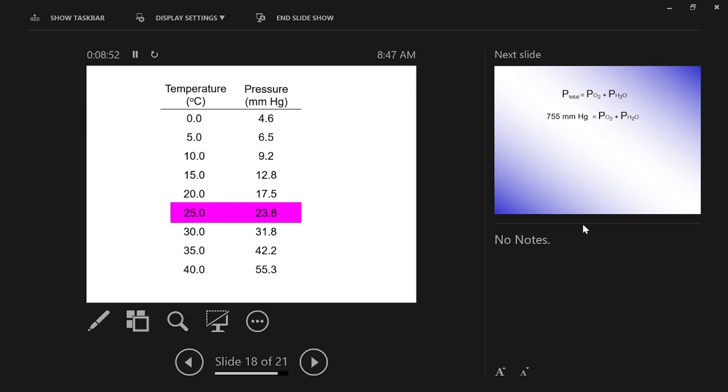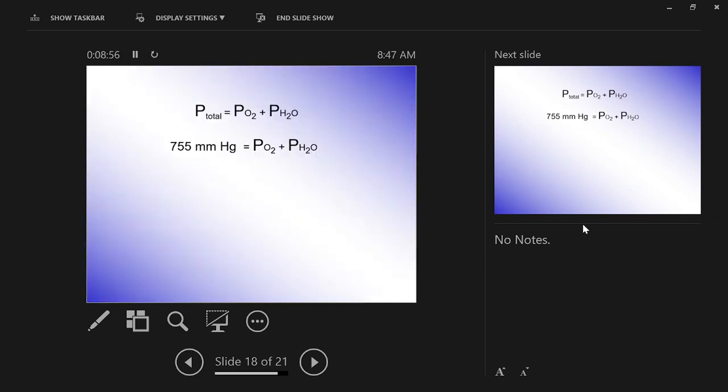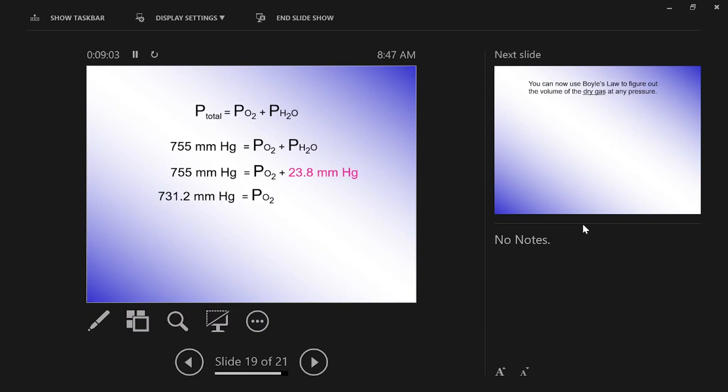There it is. Pressure of water is 23.8 millimeters of mercury. Pop that into the equation, and guess what? We just solved for the pressure of oxygen. So now we know the actual pressure of the oxygen. We know the pressure, we know the volume, we know the temperature, we can find the moles.